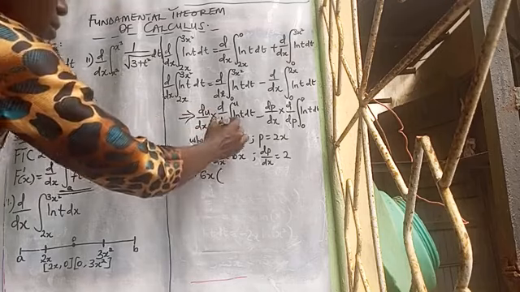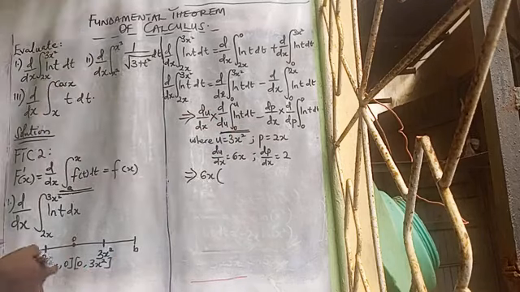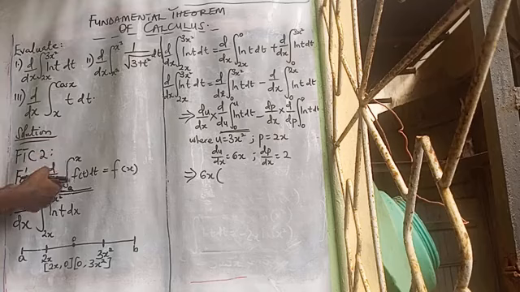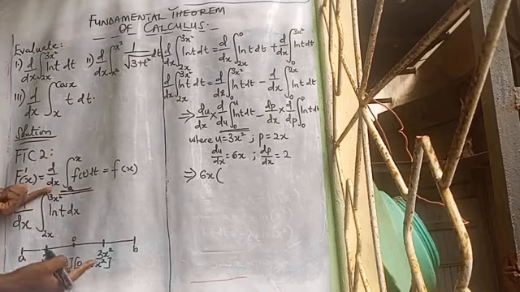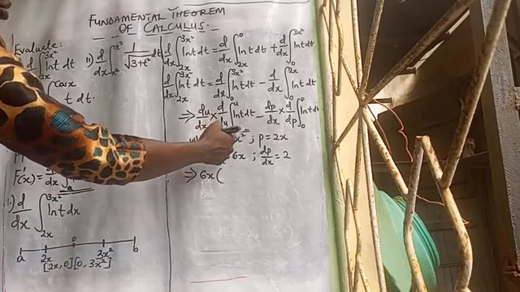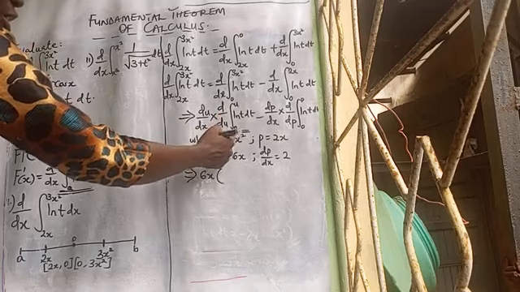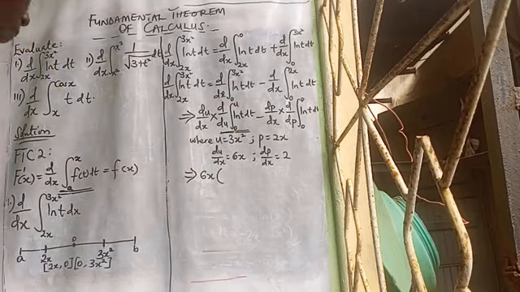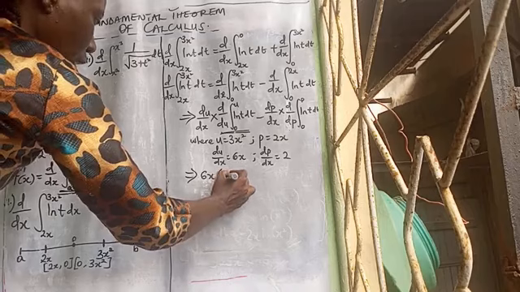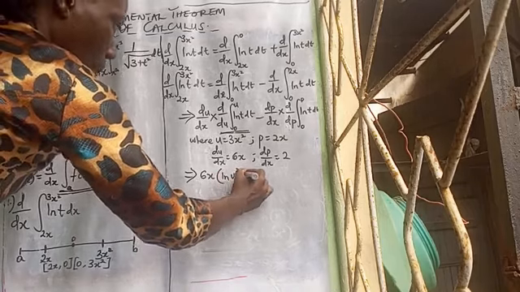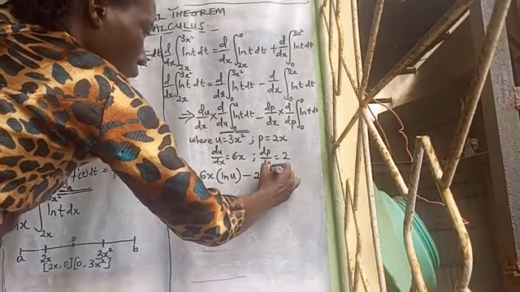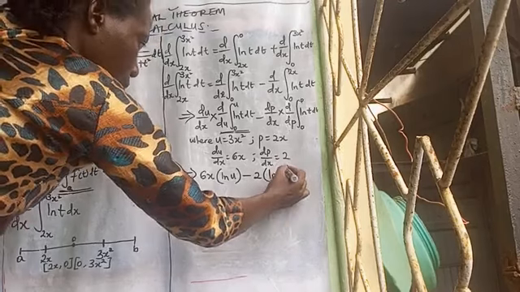Now this is similar to d/dx of the integral of f of t dt from constant a to variable x: d/du of the integral of ln t dt from constant 0 to variable u will give me what? ln u, minus 2 times what? ln p.